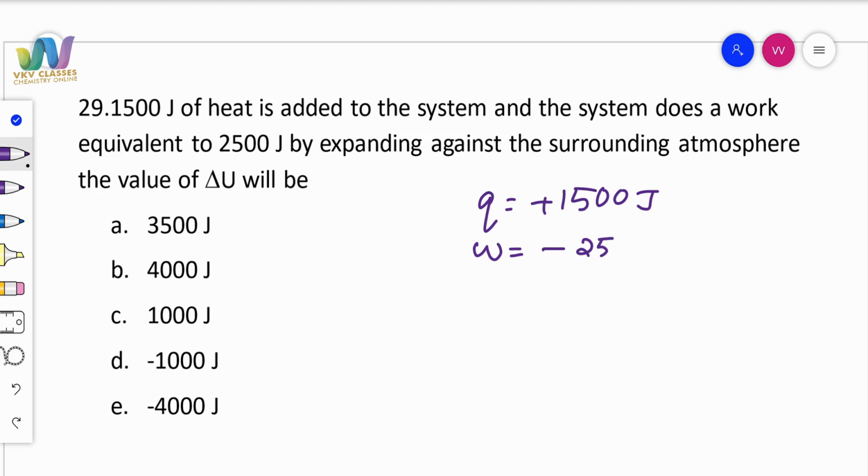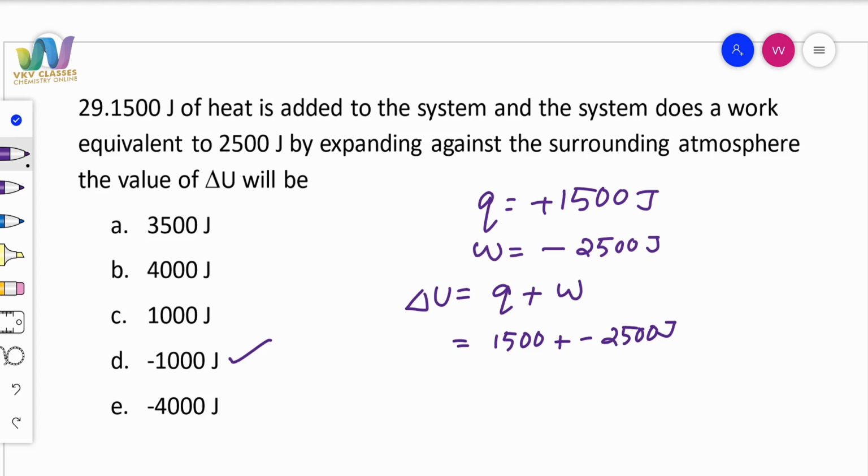So this is minus 2500 joules. Delta U is equal to Q plus W, that is equal to 1500 plus minus 2500. So that gives you a value of minus 1000 joules.